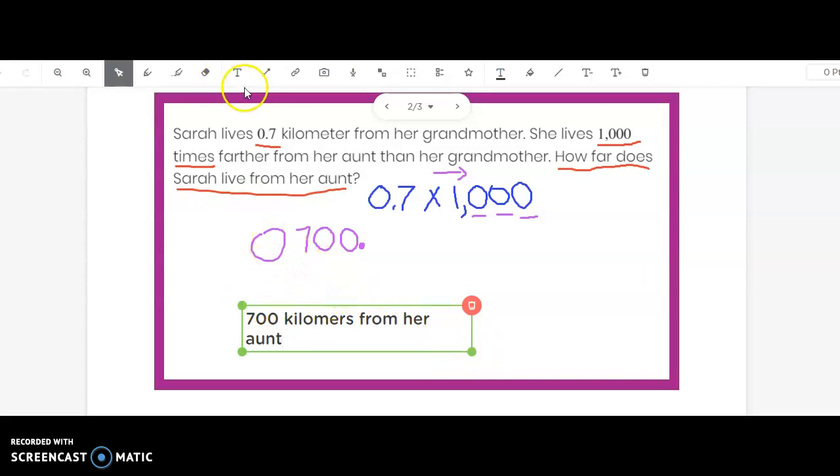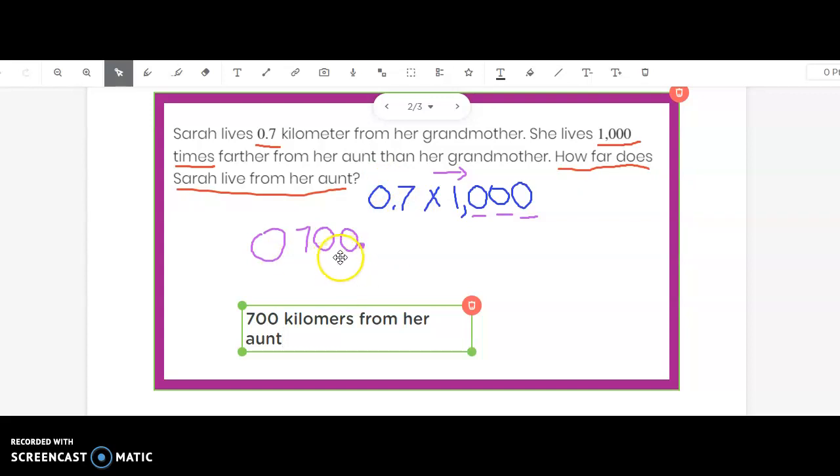Now notice this here, this 0 that's in front of the 7, when it was part of my multiplication problem, when it was one of the factors there, I don't have to have that to know that that's 7/10. But it helps us know that we have no whole numbers and then a decimal part.